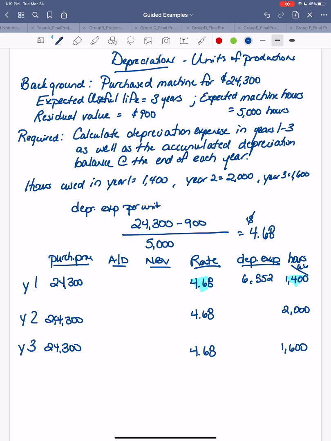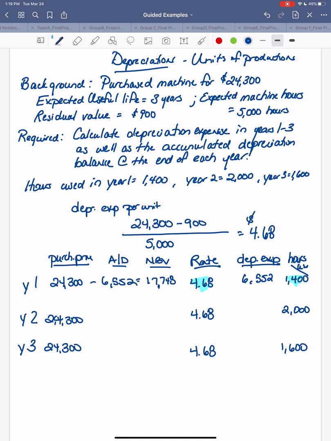I'm going to put that over here in the depreciation column. And my net book value is the difference between the two. So on my balance sheet now I have equipment worth $17,748.